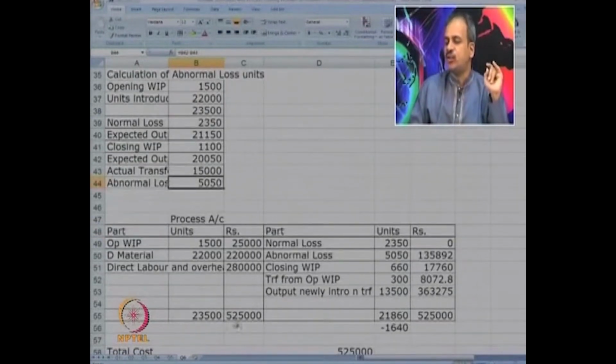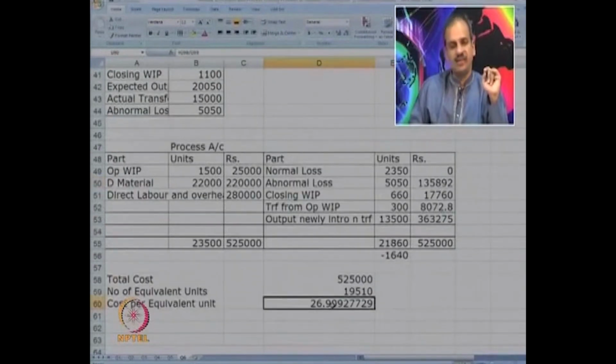Now we will try to look at the equivalent units. We have a normal loss which is 2350 accounted as nil, abnormal loss 5050, 100% complete, and we are accounting it at 26 rupees.